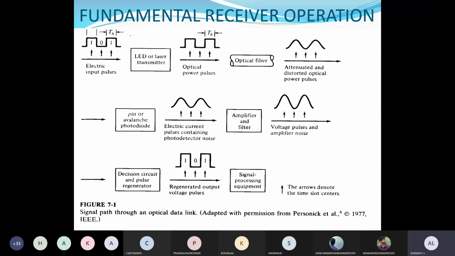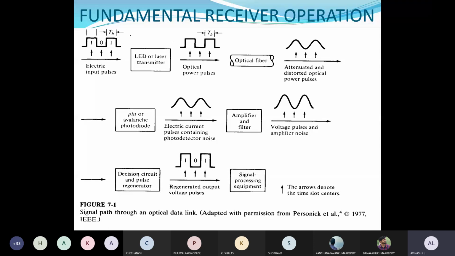Now in the decision circuit, what happens when the wave is entering? If the amplitude is above the threshold, it will be considered as 1. If the amplitude of the received signal is below the threshold, it will be considered as 0. Once we take the decision whether it is a 0 or a 1, then it is not a problem. It will be taken as 0, 1, 0, 1 like that.